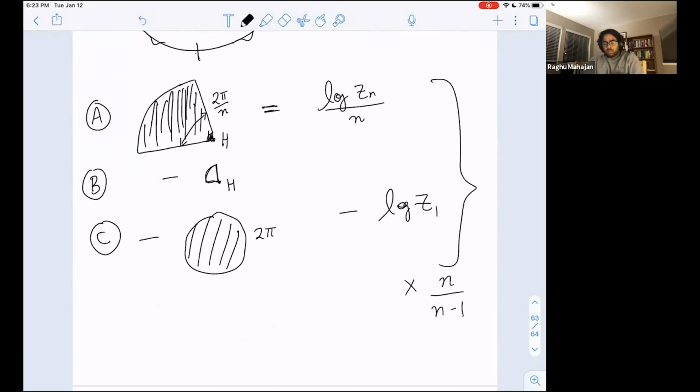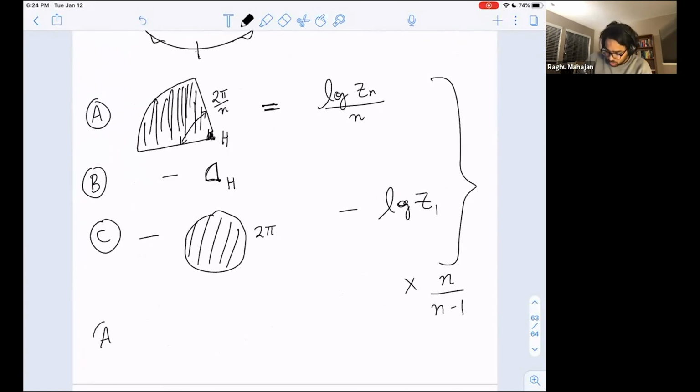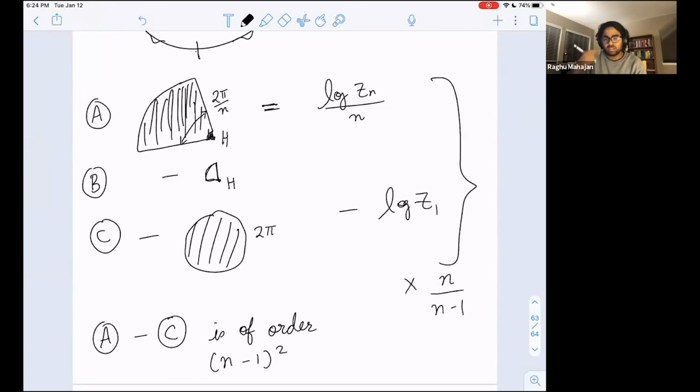Notice that A minus C is of order n minus 1 squared. Why? Because C is the saddle point. It's the correct saddle point when the angle is 2 pi. And so when n is close to 1, the geometry A is just a first order variation away from a saddle point.